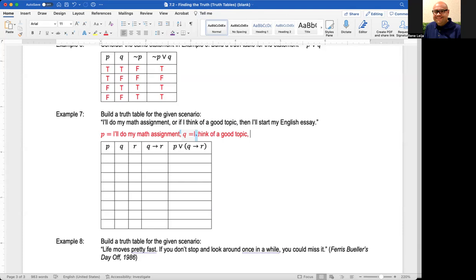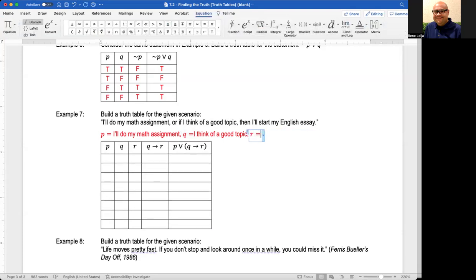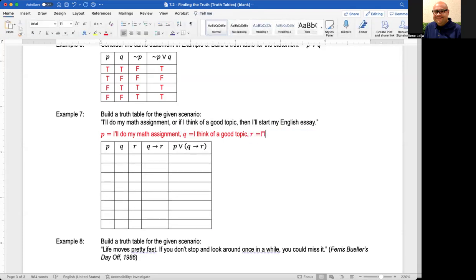Then here's the R. I'll start my English essay. So we labeled P. I'll do my math assignment. And then our if then, if this part, if I think of a good topic, that's Q. Then I'll start my English essay, that's the R.